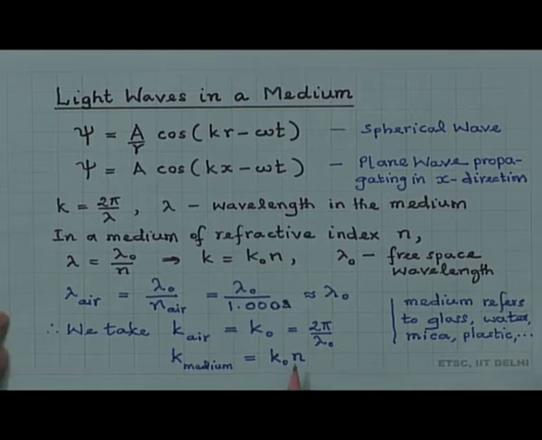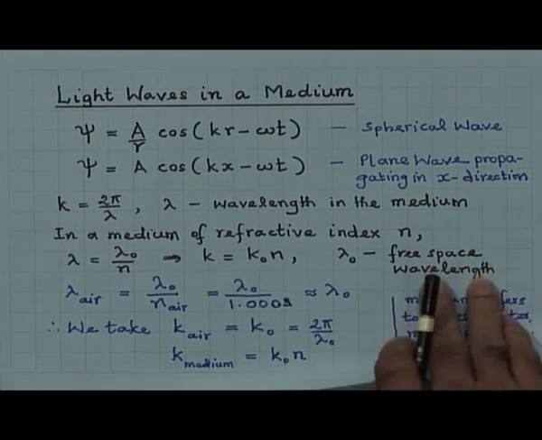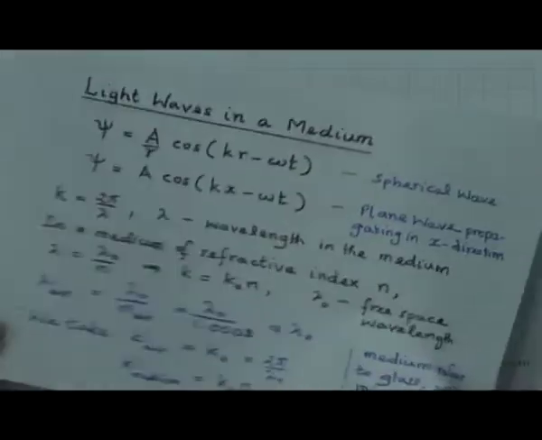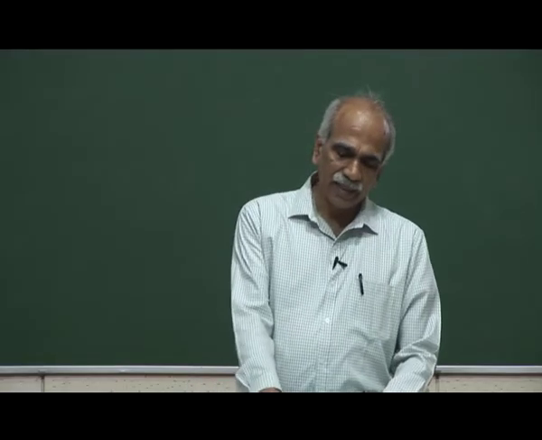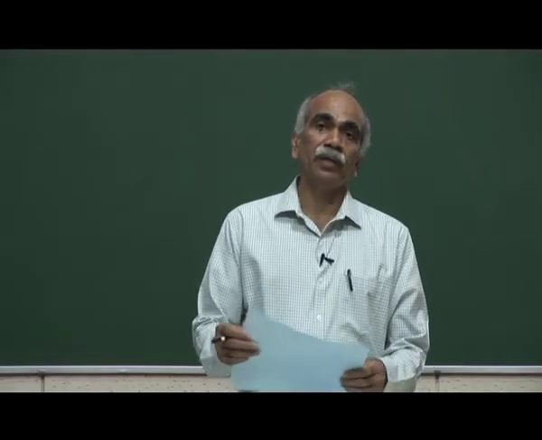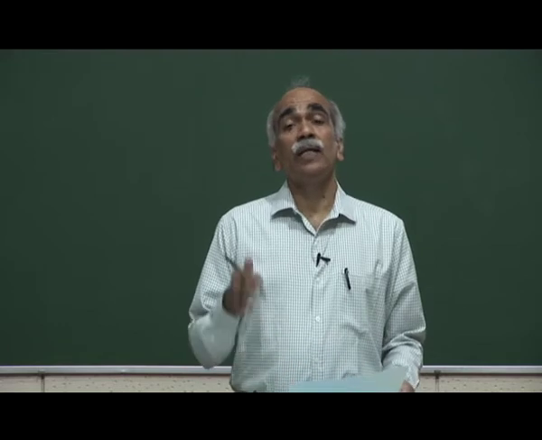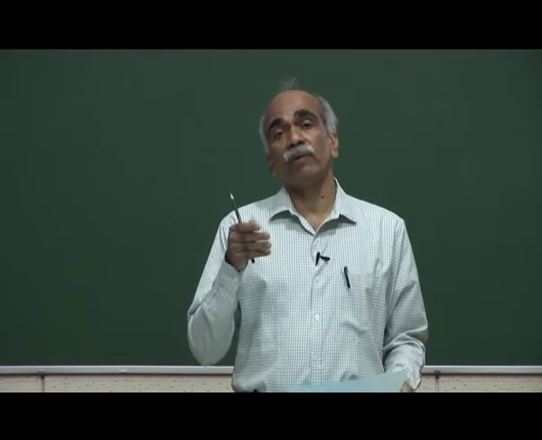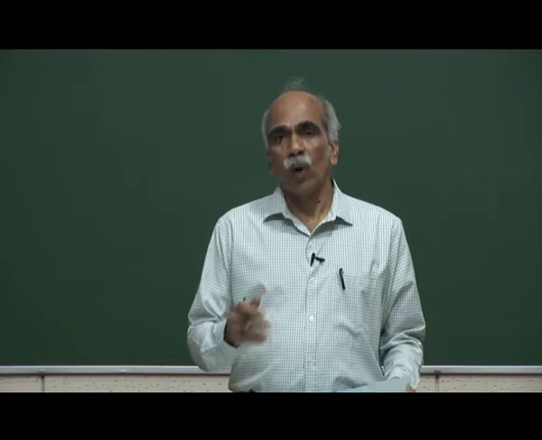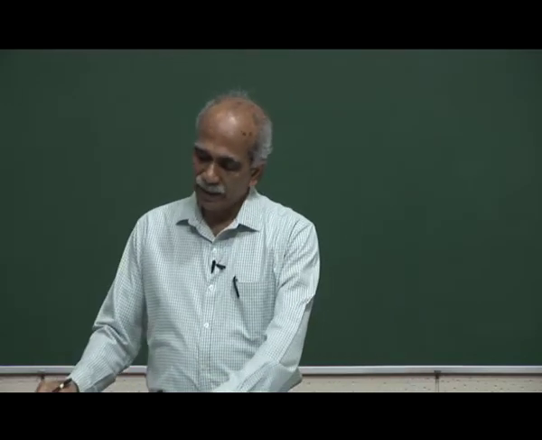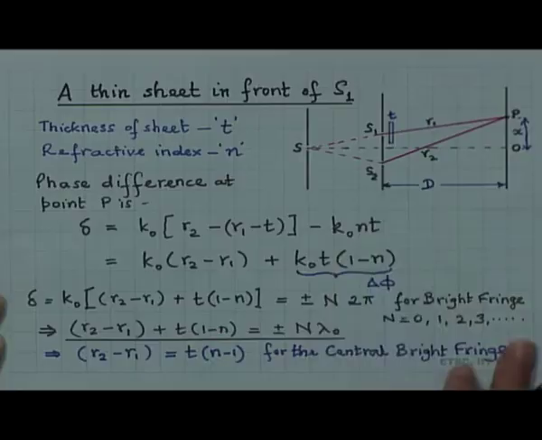Keeping this in mind, we determine the path difference and hence the phase difference between the two paths due to the introduction of a thin sheet in one of the paths. So, here it is, a thin sheet in front of S1.